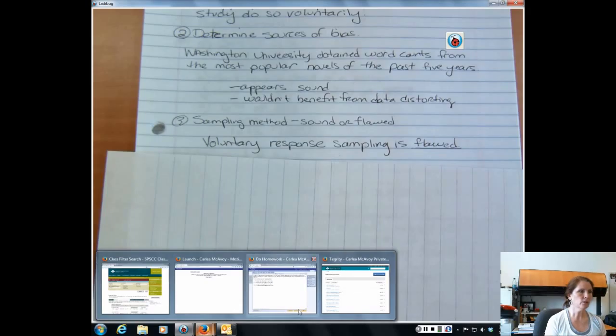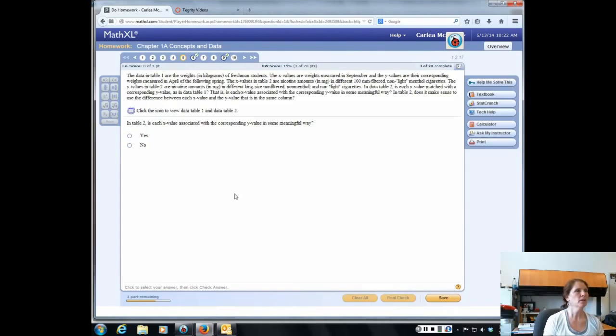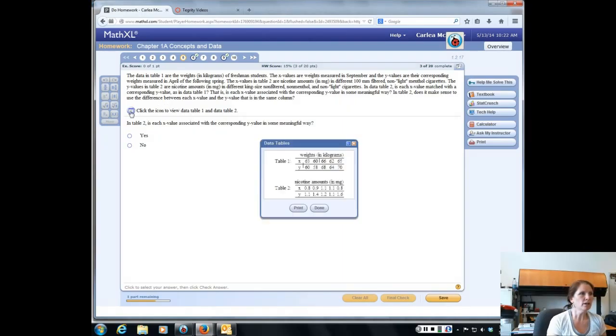Okay, so let's go back to this one. I'm not answering these because you can read through them and answer them. So in this one it talks about 2 tables of data. One of these, I'll show you the data. You click on the icon to see it. One of the tables talks about weight of a freshman in kilograms coming into freshman year and then as they were leaving.